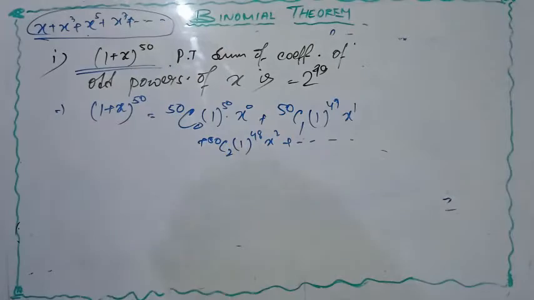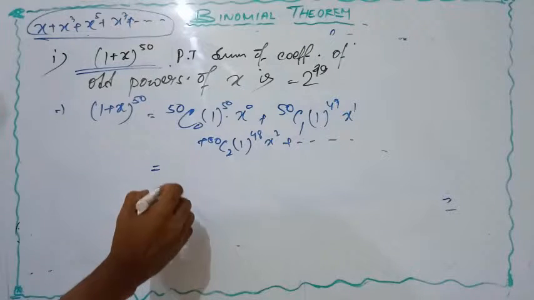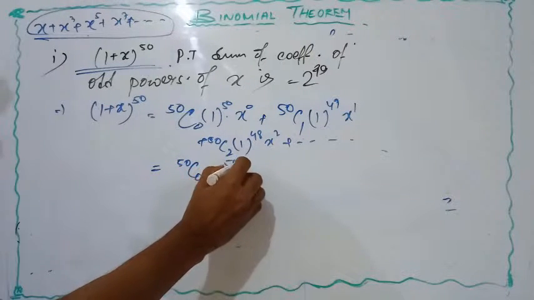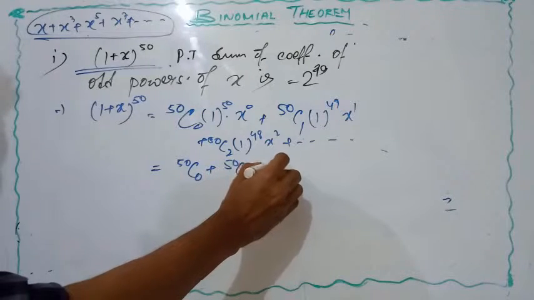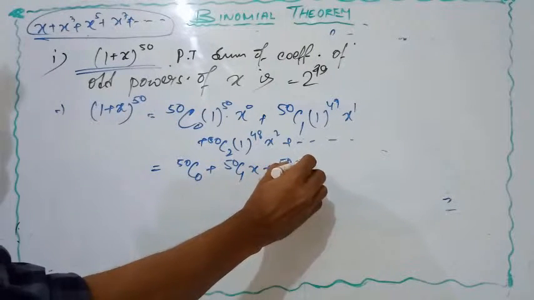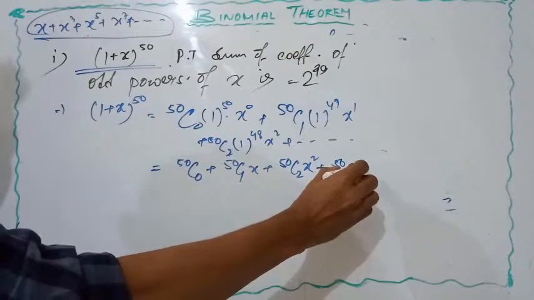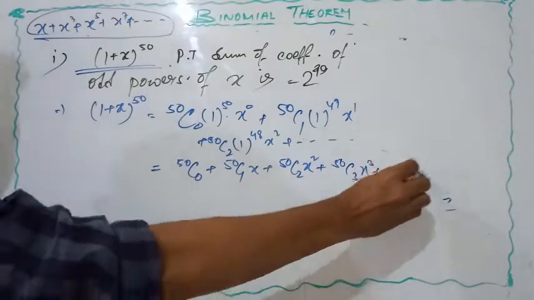In this way it will continue. So the final expression that we are getting is 50C0 plus 50C1 x plus 50C2 x square plus 50C3 x cube. In this way it will continue.